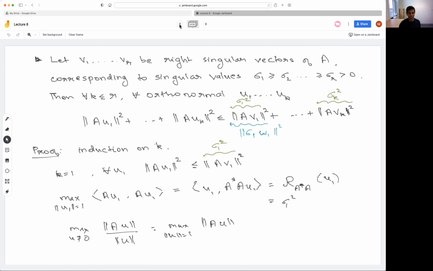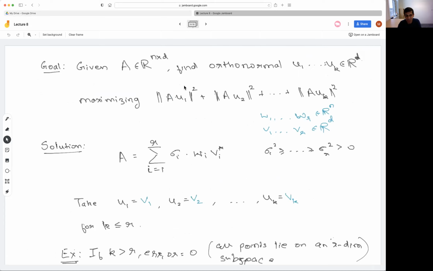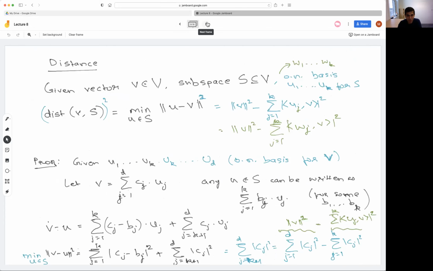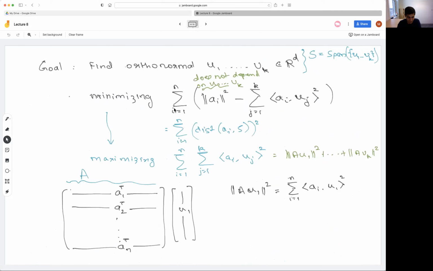Going back over our proof, what we did was by induction, we proved that for any U1 to UK, the norm of AU1 square to AUK square is upper bounded by the quantity we get when we plug in V1 to VK. And since our goal was to maximize this, we maximize using the right singular vectors so that they achieve the maximum value. And since the sum of squares of distances of our points from the subspace was exactly equal to the norms of the points minus the quantity we just maximized, we minimize the distances.